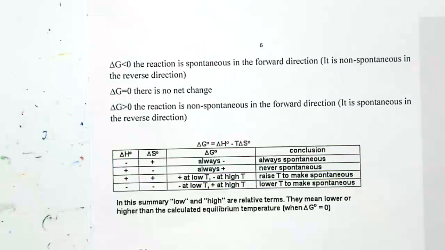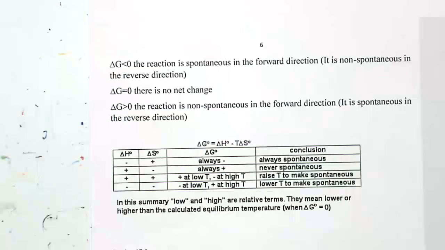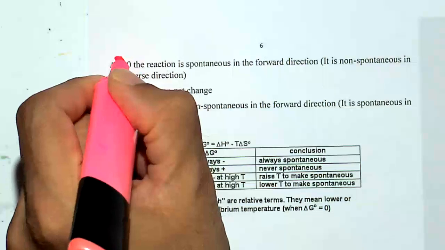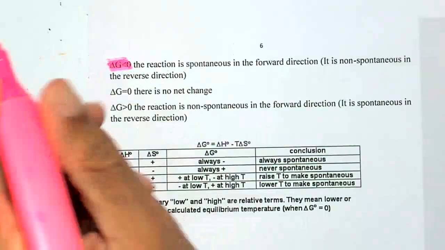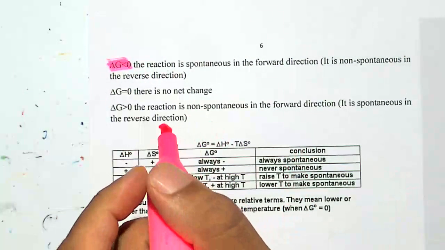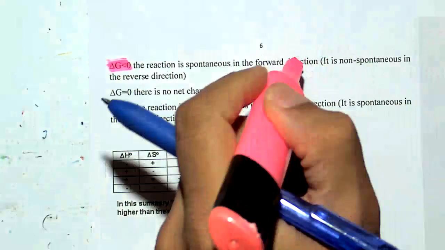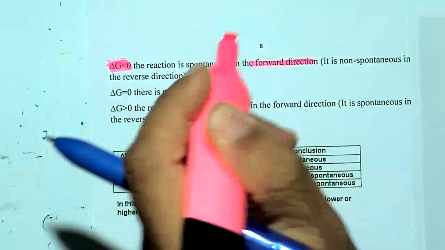I think we mentioned this already. I'll go over it one final time. This is what you need to know for this chapter and also chapter 18 when we talk about electrochemistry. Okay, when you put it into the equation and it's negative, this is an exergonic reaction, and this is a reaction that favors products.